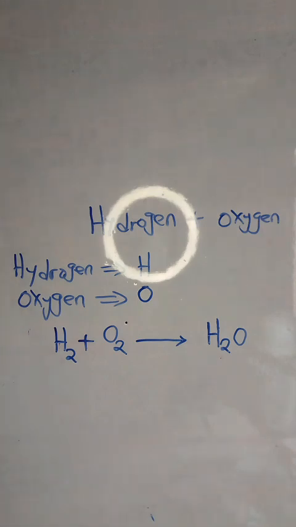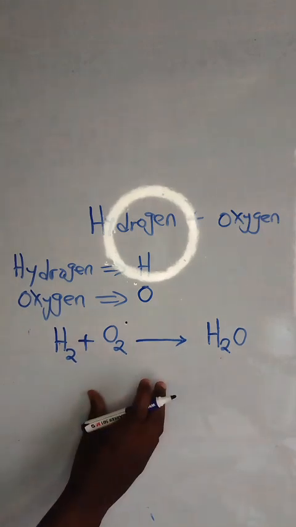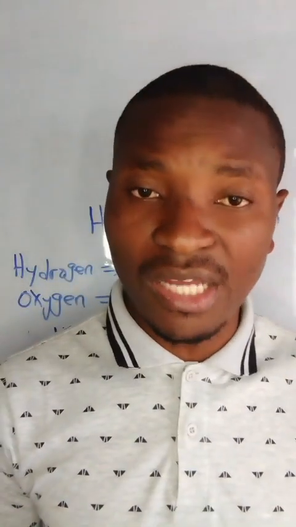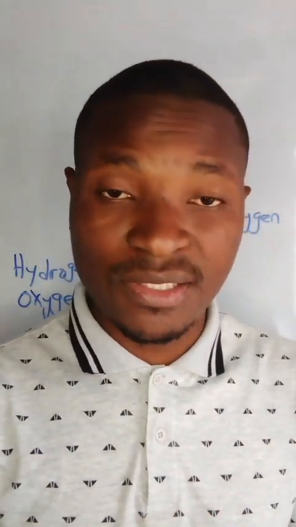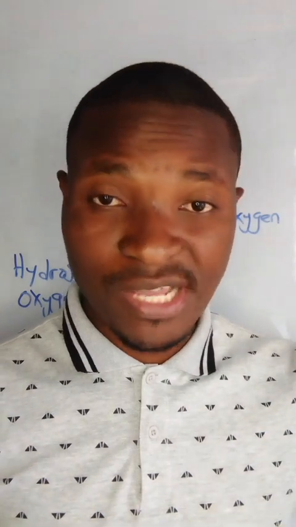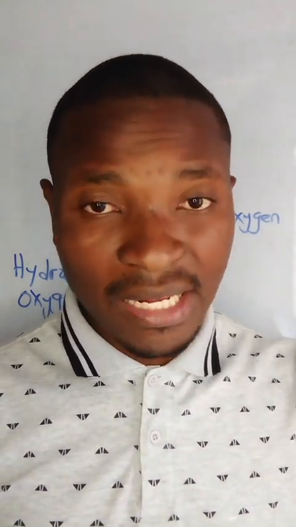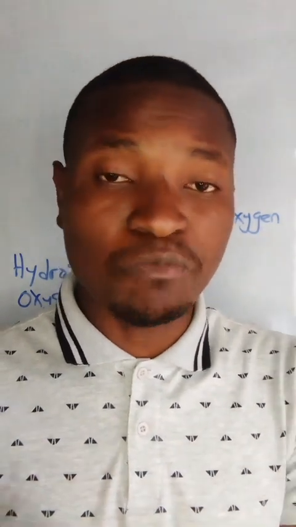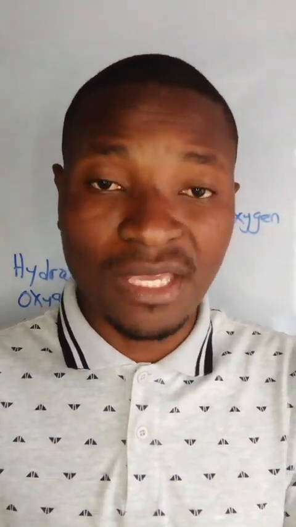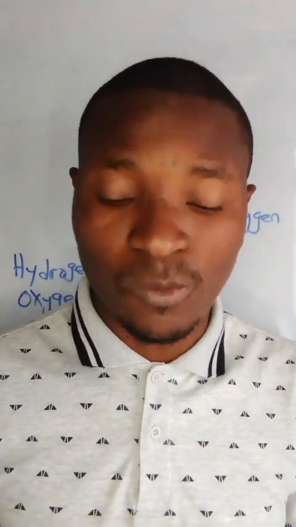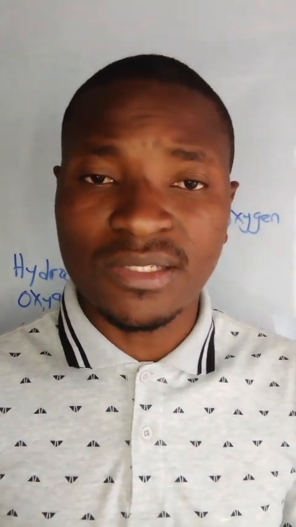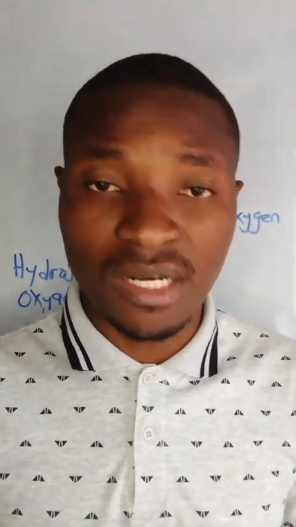Now, we know that oxygen and hydrogen both are gases. Each time you write a chemical equation, the elements that are involved in that particular equation must be specified in terms of their state symbols, whether something is a gas, whether something is solid, whether something is liquid.